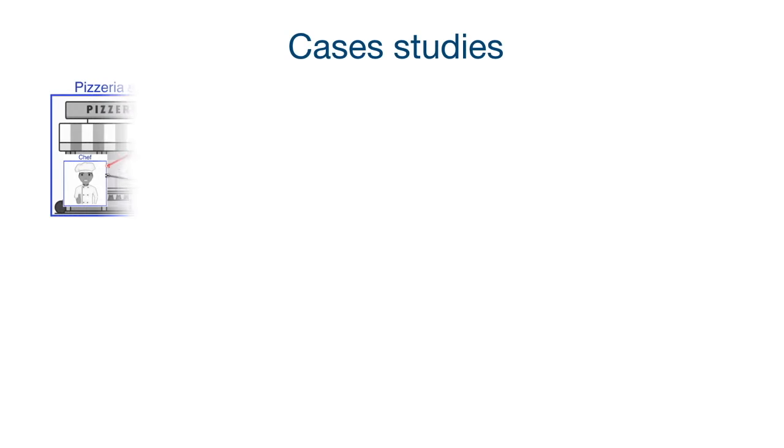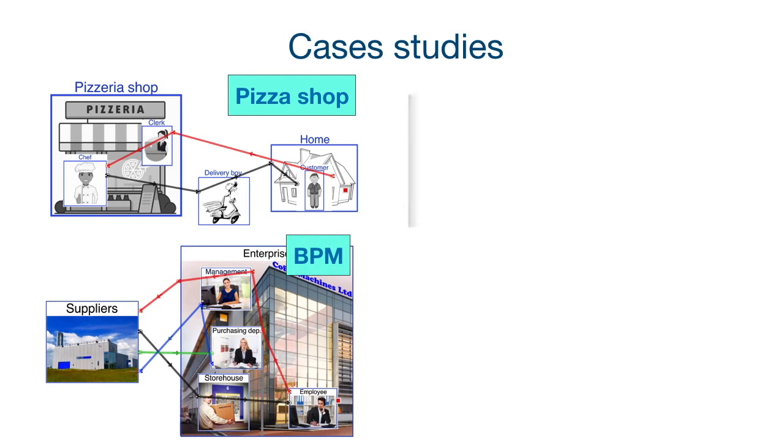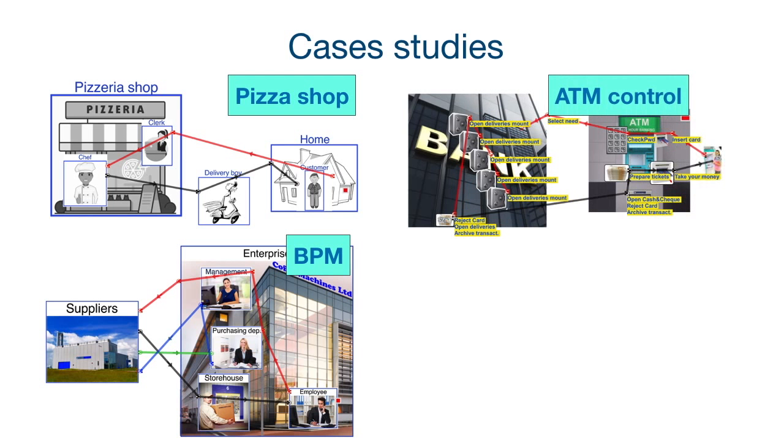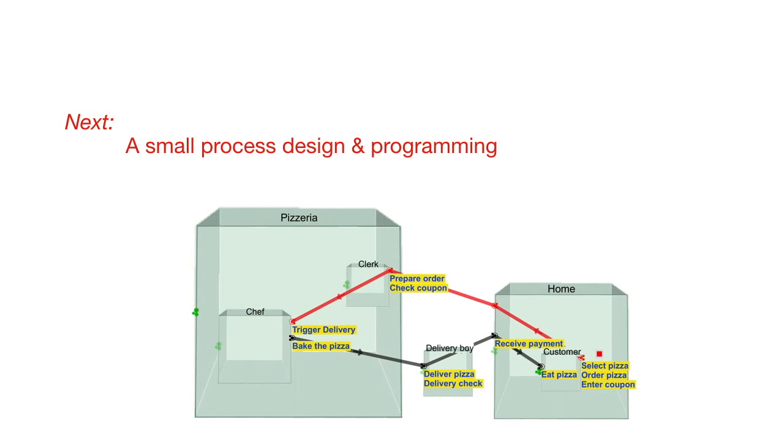We will see some case studies, mainly in business process modeling, but also in real-time processes like ATM control or lift control. The next video will take you into a bit more detail about the process of a pizza shop.